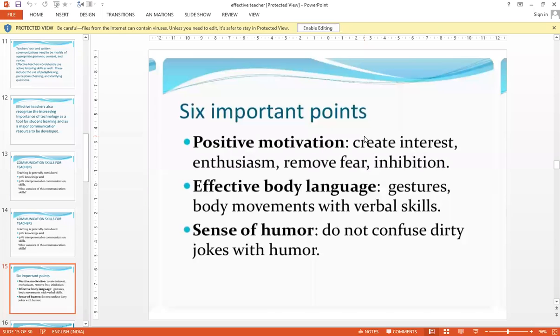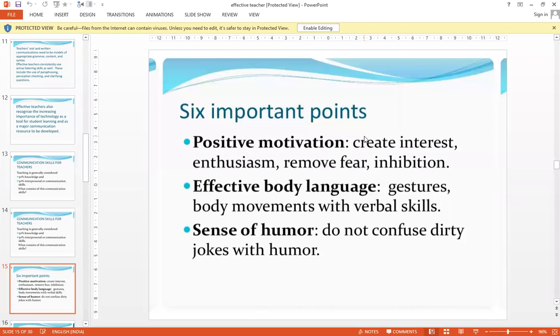Positive motivations play an important role while communicating with students. It creates interest and the willingness to learn. It also helps to remove fear among students.